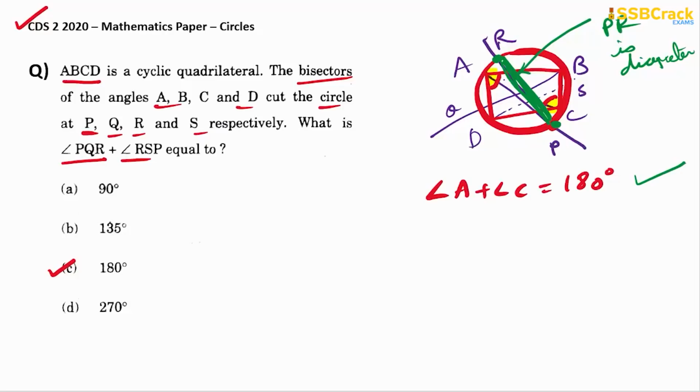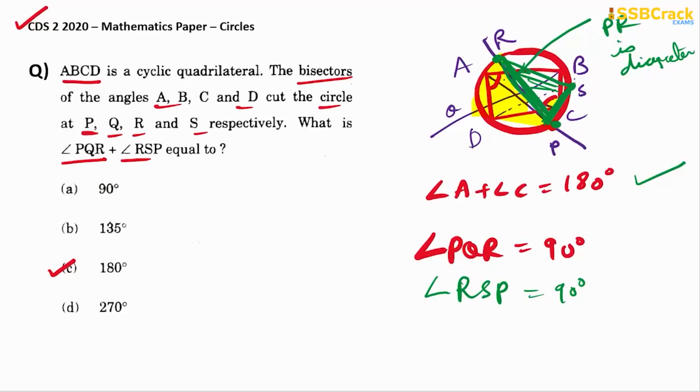Now it's very easy to check that triangle PQR, which I am shading in yellow, is in the semicircle because PR is the diameter, so it is a right triangle, and angle PQR has to be 90 degrees. Similarly, S is also a point on the circle. If you connect the diameter endpoints with this point S, what you get is the angle in the semicircle, which has the same measure, 90 degrees.